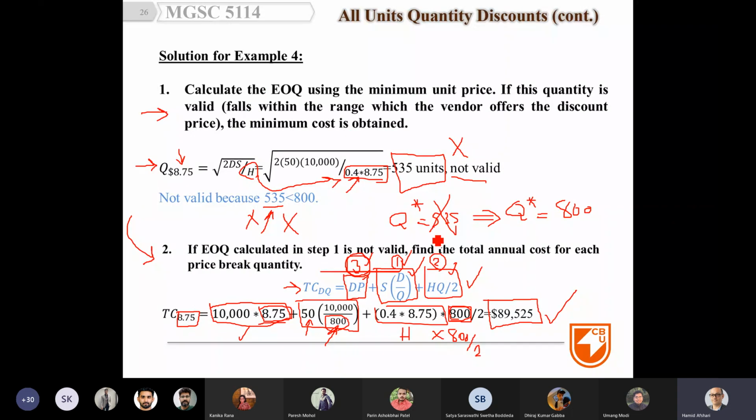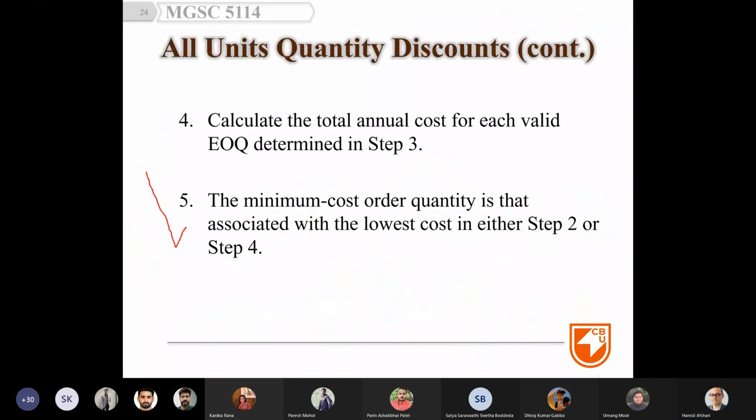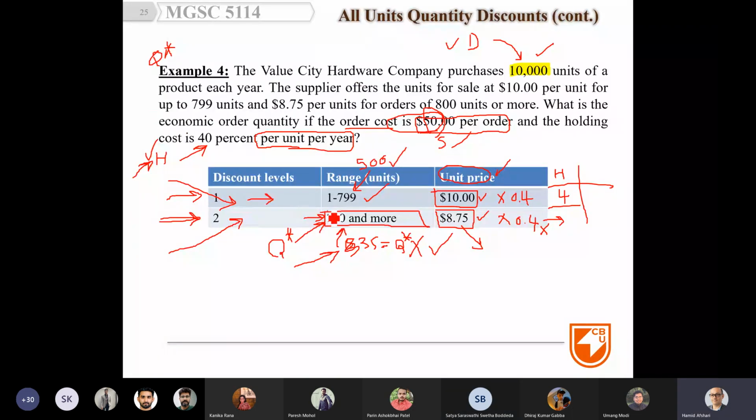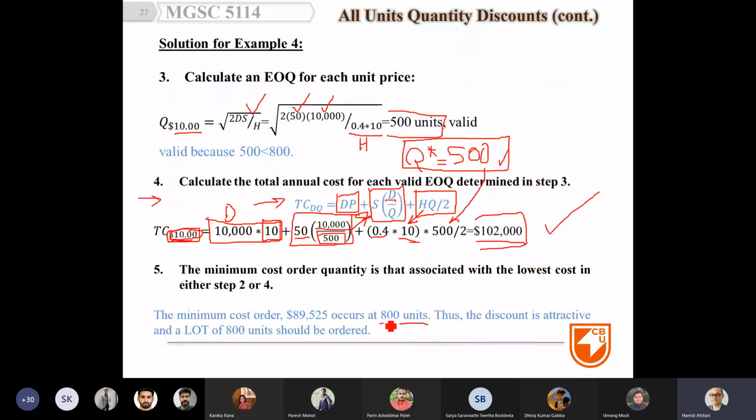I need to use the minimum value in that range. What was the minimum value in that range? 800 units. So Q star for this problem will be 800 units.